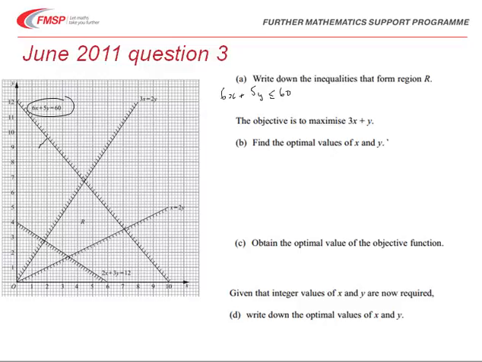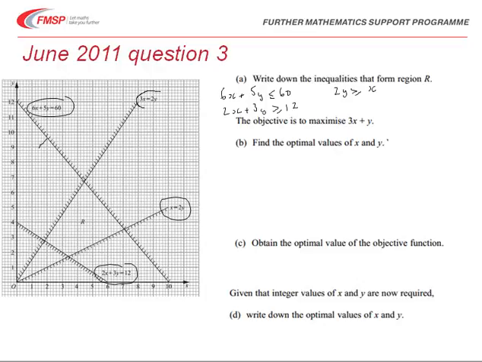We have a line at the bottom, 2x plus 3y is equal to 12, and we're above that line. So that one is that 2x plus 3y is greater than or equal to 12. Looking at this one here, this is the line x is equal to 2y, but we want to be above that line, so we've got that 2y is greater than or equal to x.